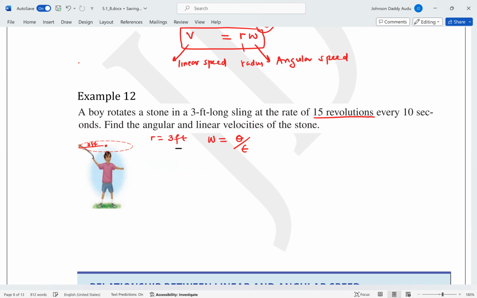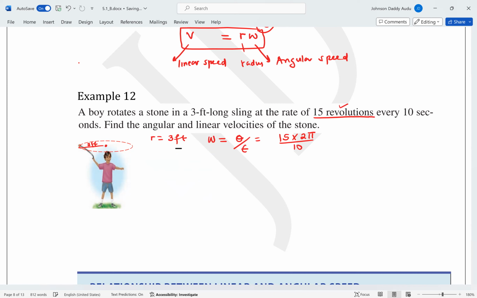15. So here, what we can do is we can convert this revolution to radians. So our angle here is just going to be 15 rev, but we multiply by 2 pi, just to take it to radian, right? And then in every 10 seconds, the time is 10 seconds. So here, what have we done?